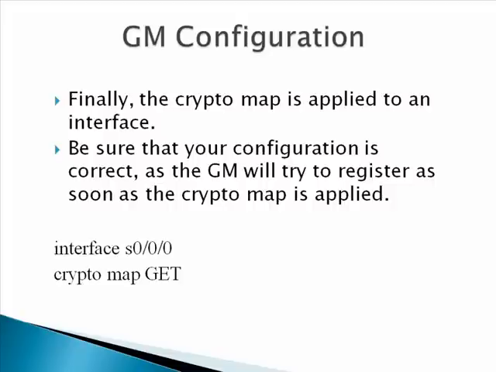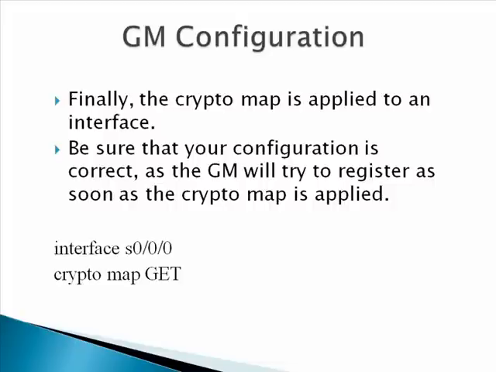So make sure you have all your stuff in place, and that means IP reachability, any ACLs that might need to be tweaked through a firewall, as well as all your proper ISAKMP settings. Make sure all that stuff is in place, because again, as soon as you put this on and hit enter, it'll try to connect to the key server and register.